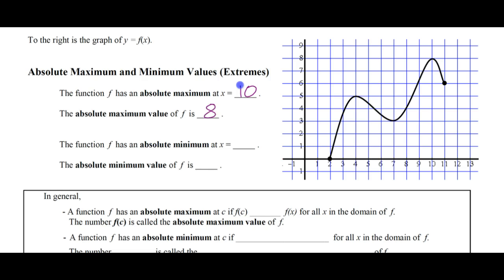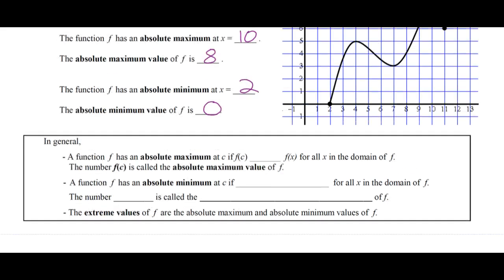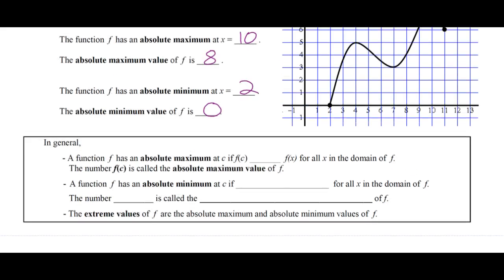The function has an absolute minimum at x equals 2, and that absolute minimum value is 0. In general, a function has an absolute maximum at c if f of c is greater than or equal to f of x for all x in the domain.